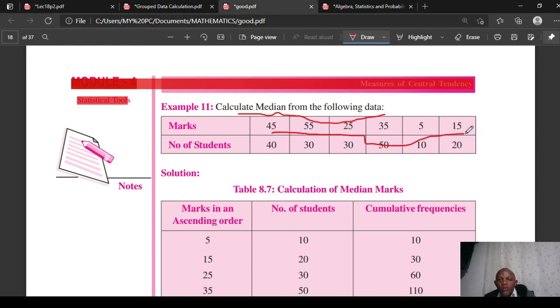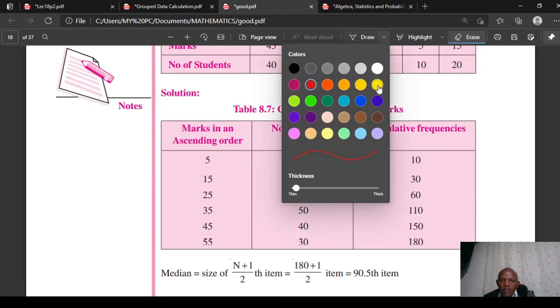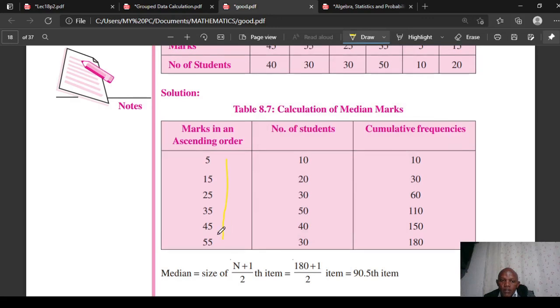So the first thing here, you have to arrange this data properly. The least value is 5, so it's 5, 15, 25, 35, 45, and 55. After this data has been arranged from the least to the greatest, that is now in ascending order, then you get the corresponding frequency, and then you get what we call the cumulative frequency.